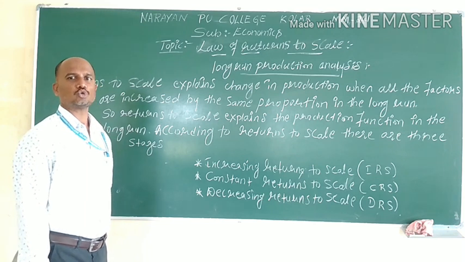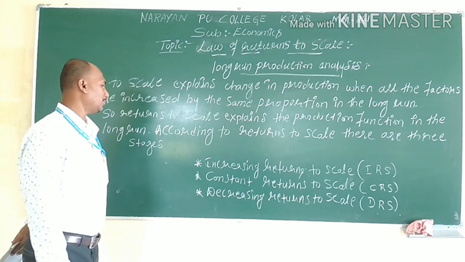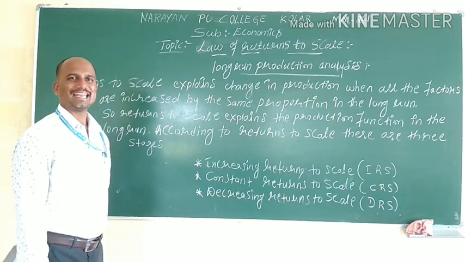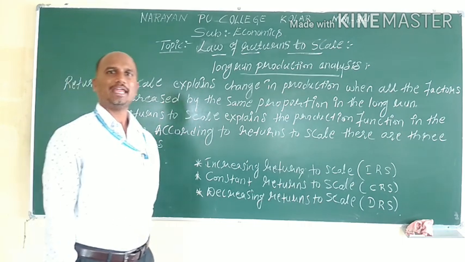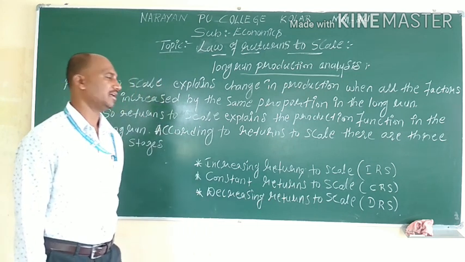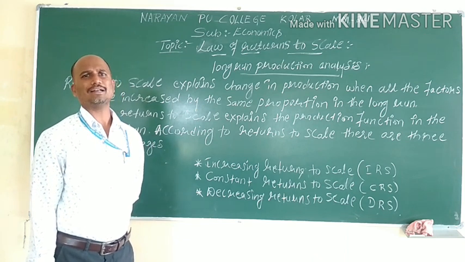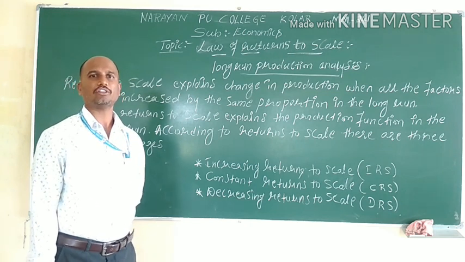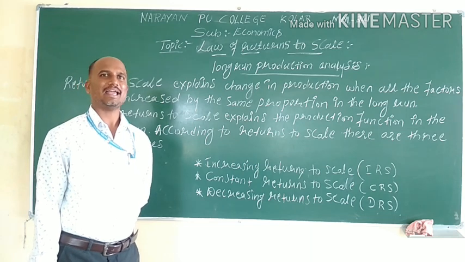The stages of returns to scale. Number 1, increasing returns to scale. Number 2, constant returns to scale. And number 3, decreasing or diminishing returns to scale. Fondly, IRS, CRS, and DRS. Let's try to understand these 3 stages of returns to scale with the following table and diagram.